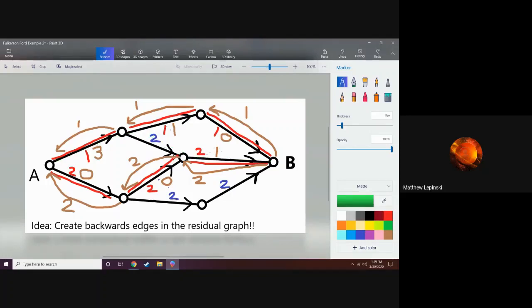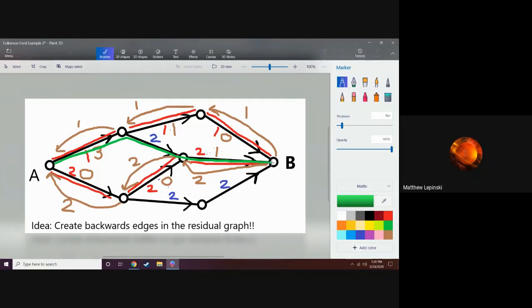So when we're looking for a path from A to B, we can pick either path that we want. Again, if you're using breadth first search or depth first search, it might depend a little bit on what order you're going and exploring the graph. But just hypothetically, let's say I pick this path.